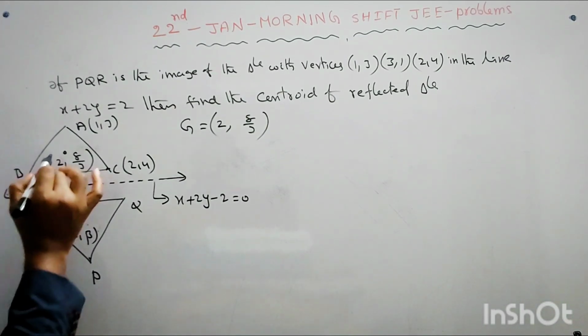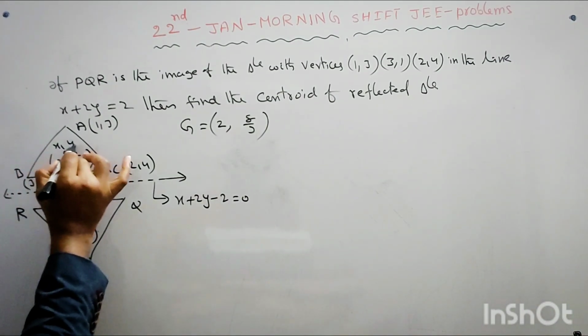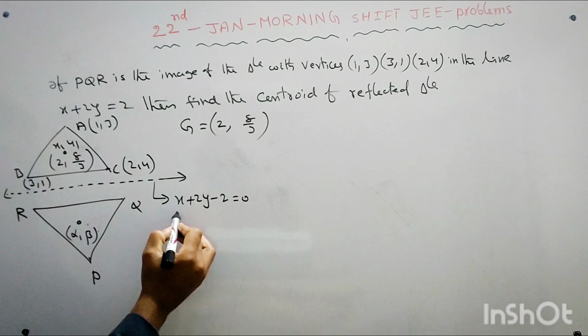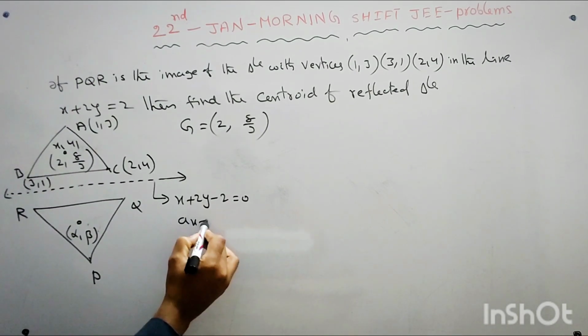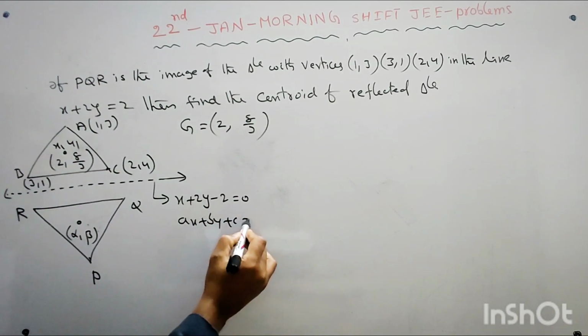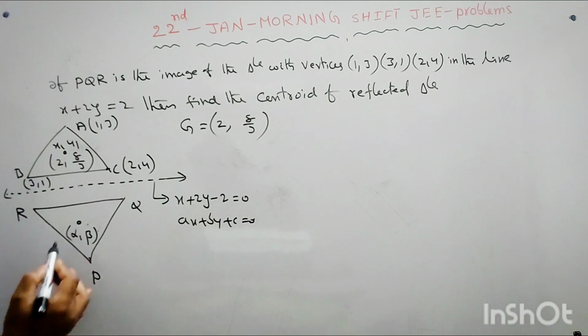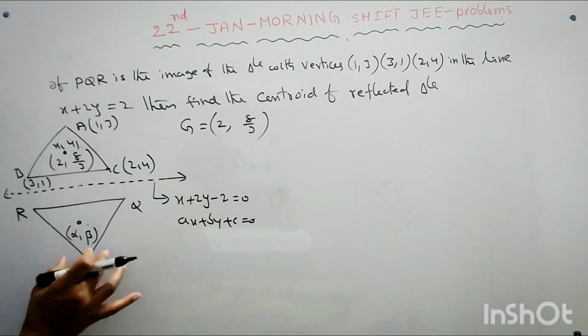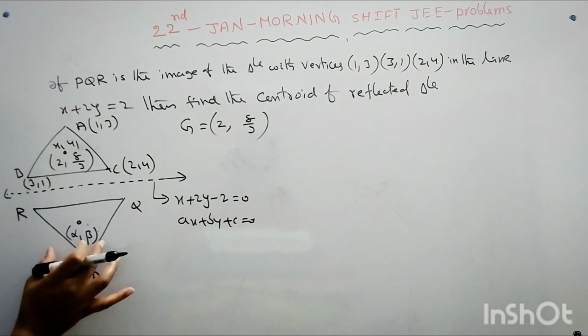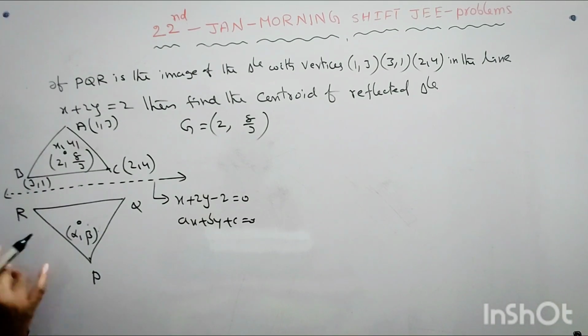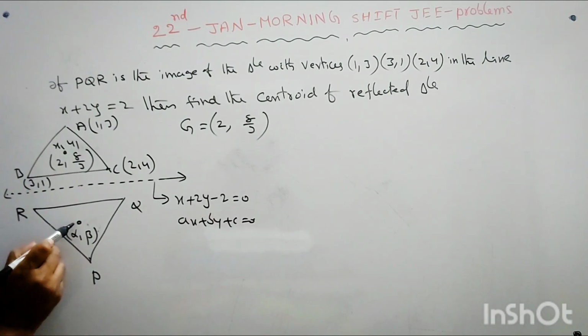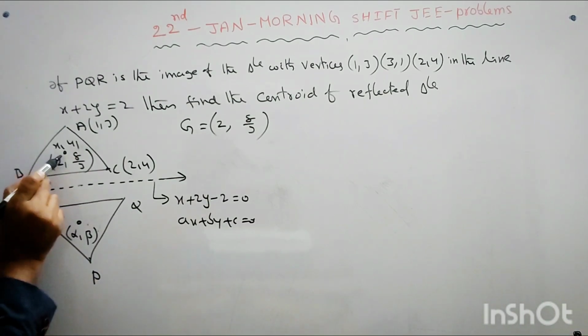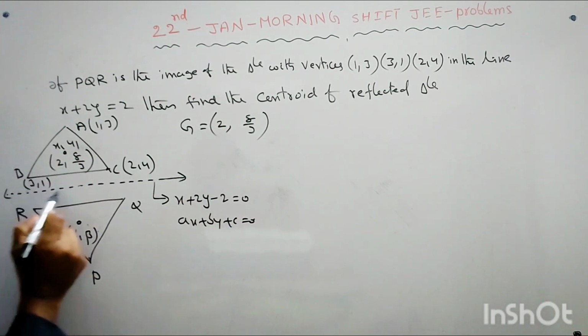Okay, right. Then you take this point as x1 comma y1 and compare the line equation with ax plus by plus c is equal to 0. So here alpha comma beta is the reflected triangle's centroid. The centroid of the reflected triangle is nothing but the image of this point with respect to this line.